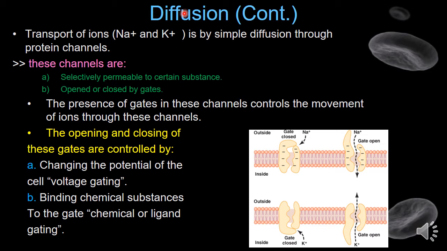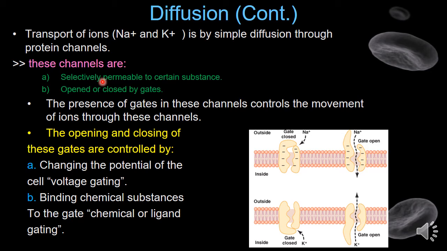Diffusion of materials through protein channels. We will talk about sodium and potassium because they are found in large quantity in our cells. They pass through simple diffusion through the protein channels. These channels have two characteristic features.